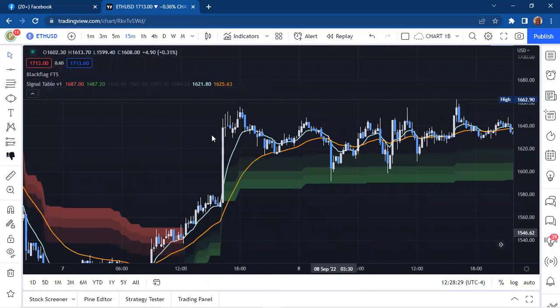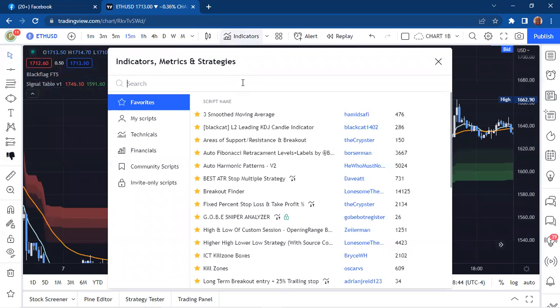The second indicator is these lines that you see here, which are your EMAs or moving averages, right? It's called Single Table Version 1. Okay, so let's see.